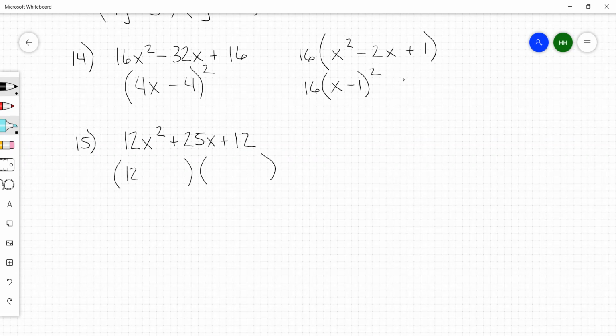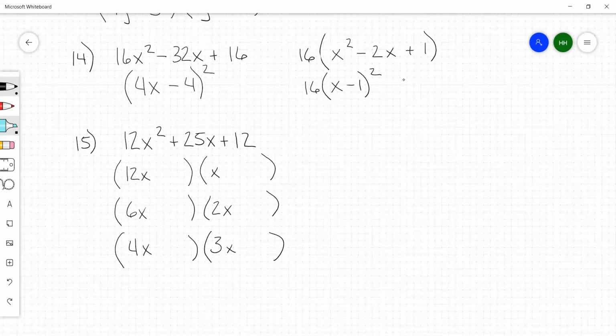We can do 12x and x. We can do 6x and 2x. We can also do 4x and 3x. And we have all those same factors for our last term. You know, we got 1 and 25 or 5 and 5.